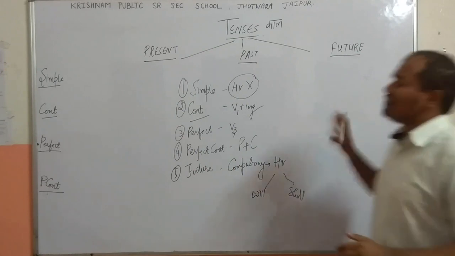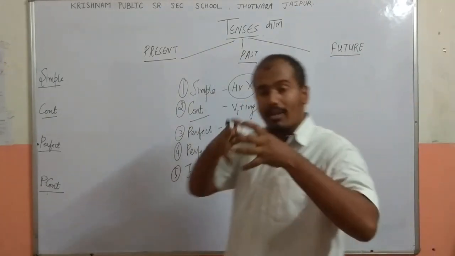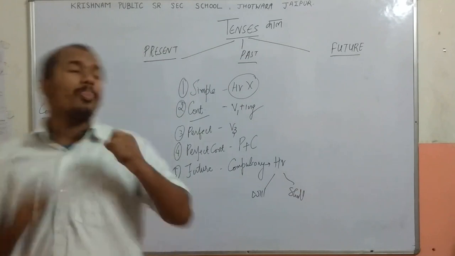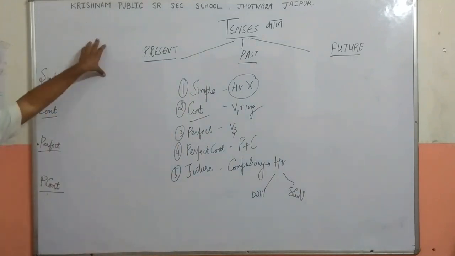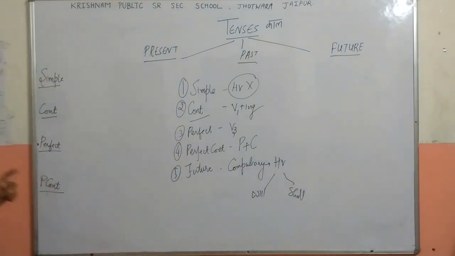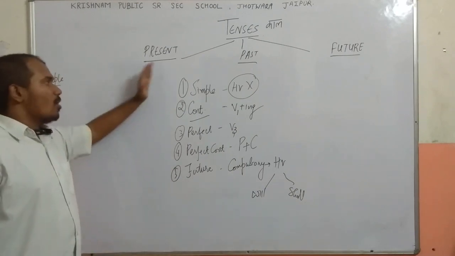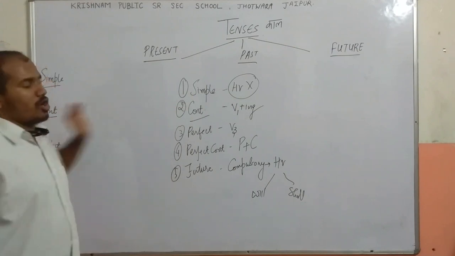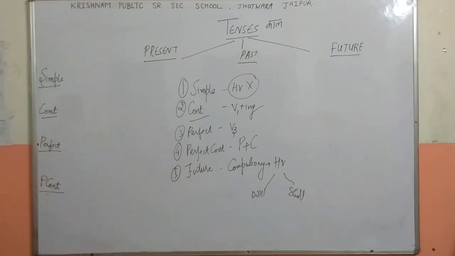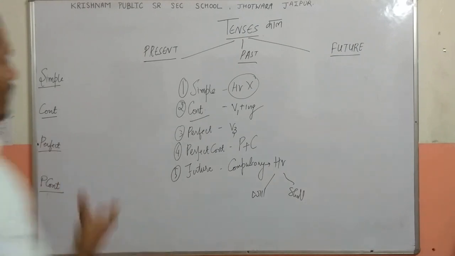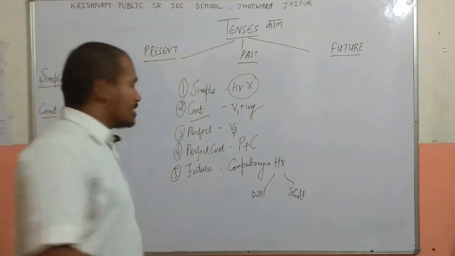Got it? These are the 5 rules that we use to cumulatively learn the topic of tenses in an easy way. I'll give you 1 minute to go through all these rules. You may pause the video and look at them.